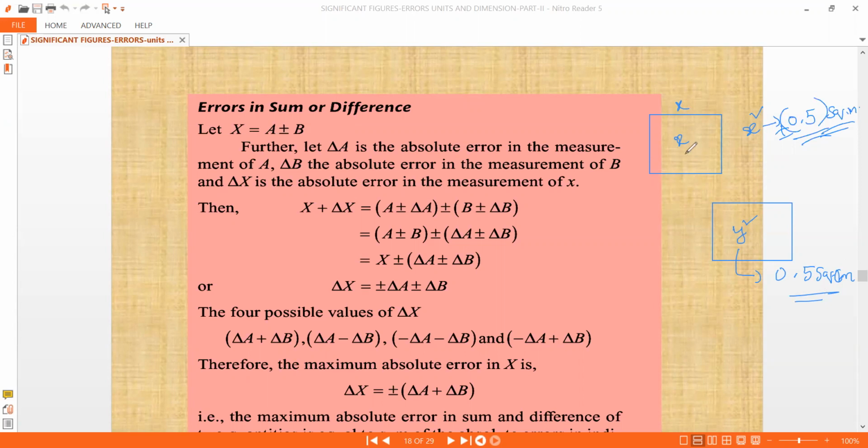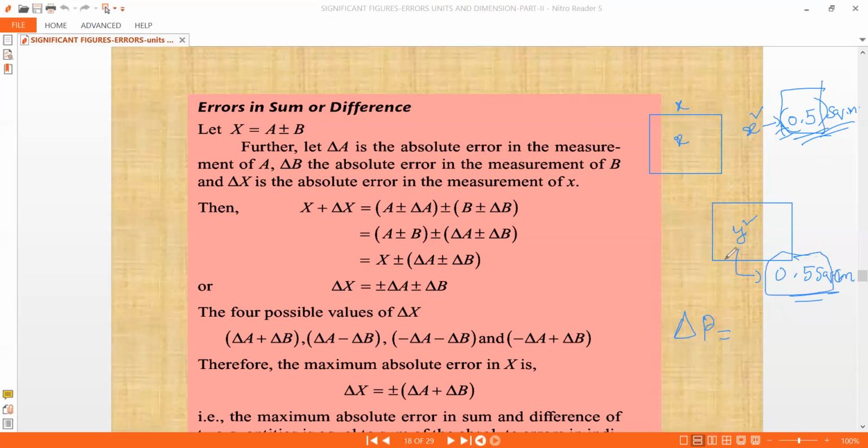Now I want to add up these two measurements and see what the error associated with the addition is. When I calculate the error for the addition or the subtraction of these two measurements, in any case, for addition I will add up these two errors. Fine.